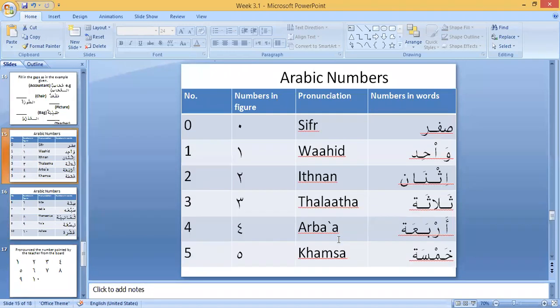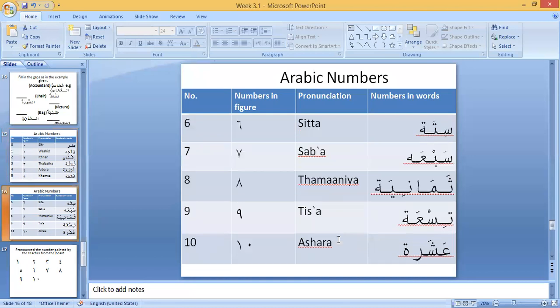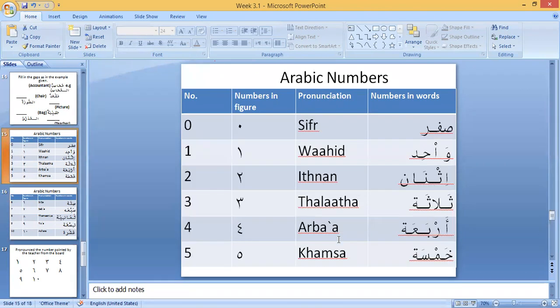That's right, that's correct. Yes, Alia. 0 1 2 3 4 5 6 7 8 9 10. That's right.